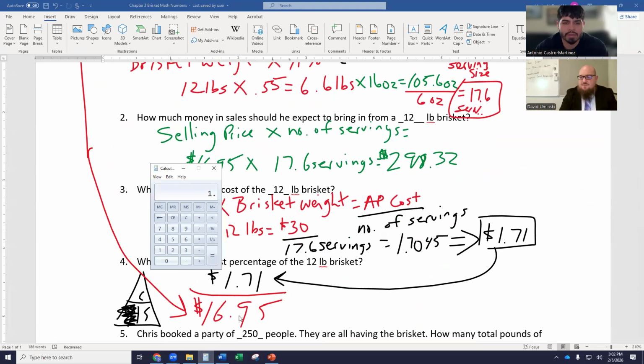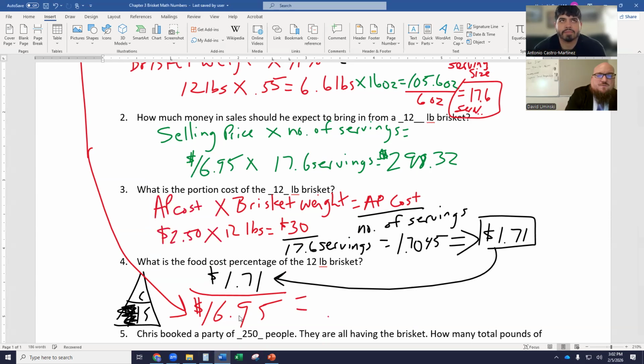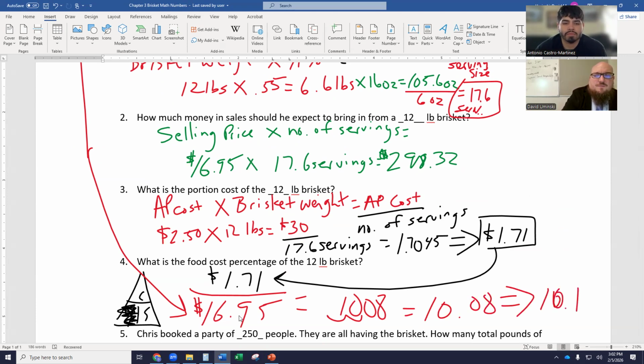When I do my math, 1.71 divided by 16.95, I get 0.1008. I move my decimal place over 2, so I get 10.08, which is rounded up to 10.1%.